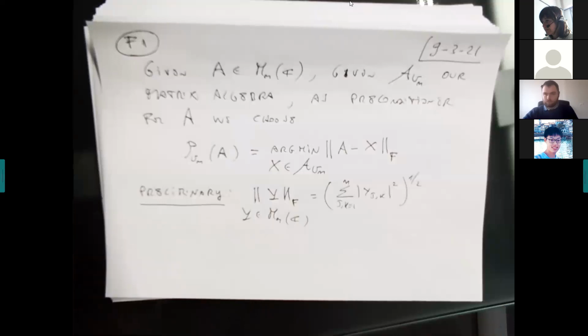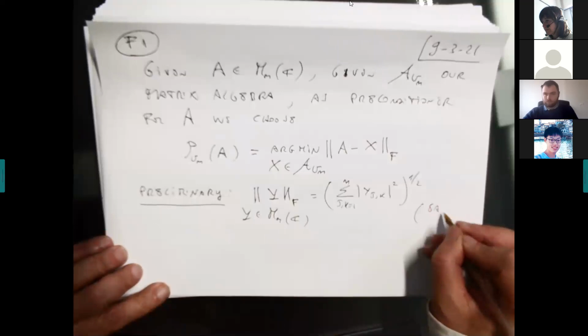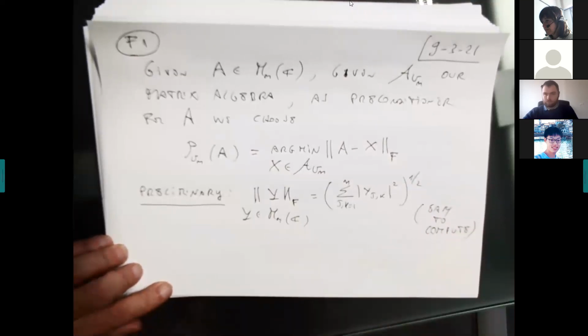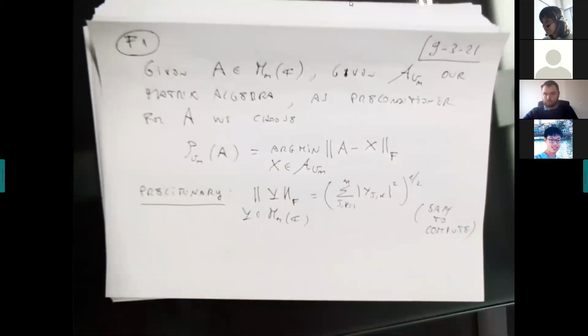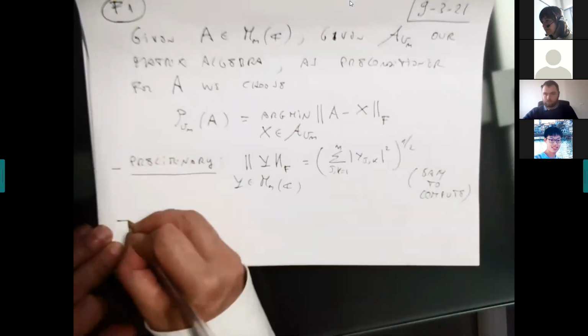You take the matrix and consider it as a unique huge vector of size n squared, which contains all the entries, and you use the Euclidean norm. So it is easy to compute, and for this reason it is used in numerical analysis. It is easy to compute, but it also has beautiful properties.